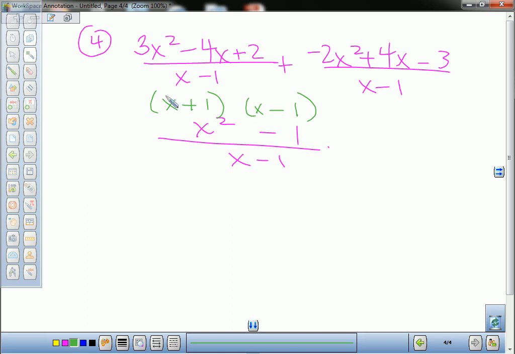Now, when I factor it, does it help me simplify the problem even more? Yes. Sometimes it doesn't. And so if it doesn't, no need to do it. But in this case it does, because the x minus 1's cancel. So a difference of squares always factors to the square root plus the square root times the square root minus the square root. So this simplifies to just x plus 1.